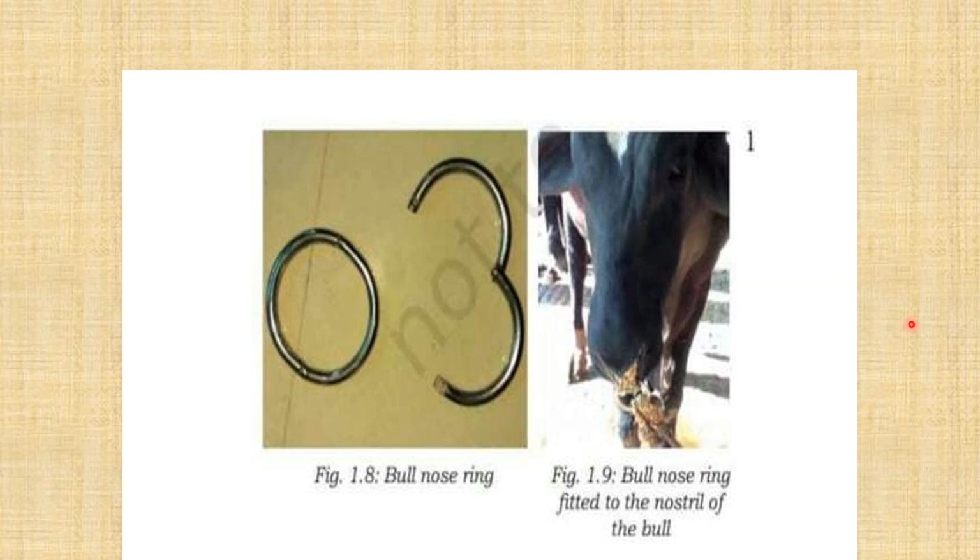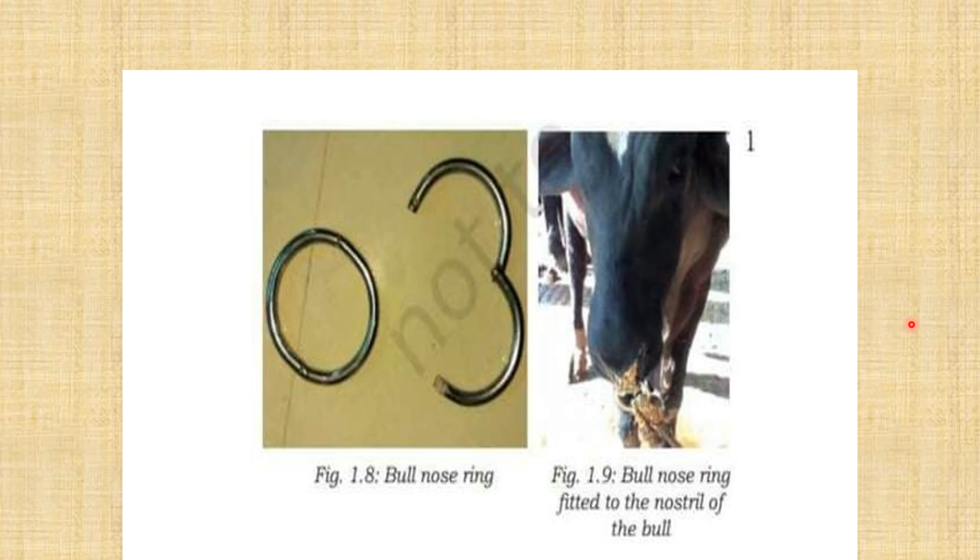So the bull nose ring, as the name indicates, is put to the nose of a bull. It is fitted into the nostril of the bull, and the nostril is one of the sensitive parts in the animals. So by putting pressure or putting some nose ring, we can easily control the animals.